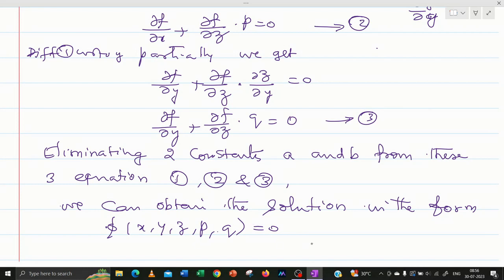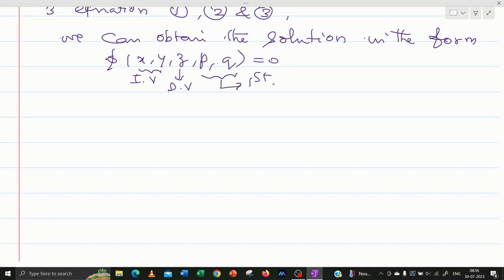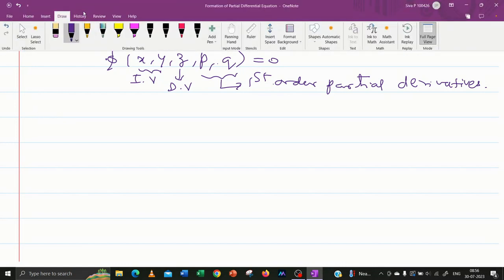Here you can see that the equation contains two independent variables, one dependent variable, and p and q are the first order partial derivatives. A few important notes: when you get the first order partial derivative, and when you get the second order partial derivative, we can write this as a very important note.